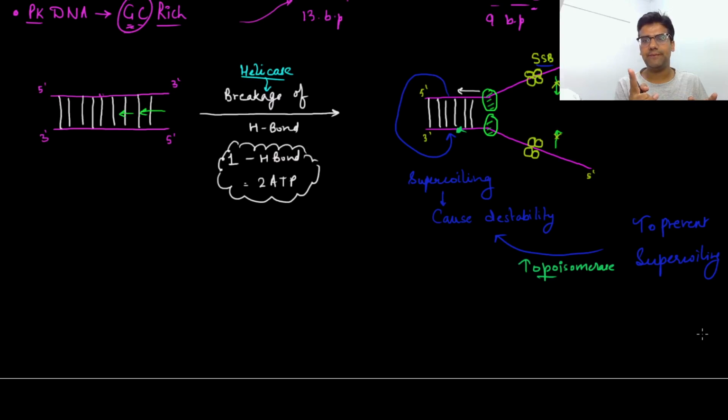A small break was made in the phosphodiester bond, and due to that break, the tension, the supercoiling, got removed. So this is the role of topoisomerase. Now the DNA is available for the replication process. The enzyme DNA polymerase can come here, and it can comfortably carry out the replication process, because there is no tension.